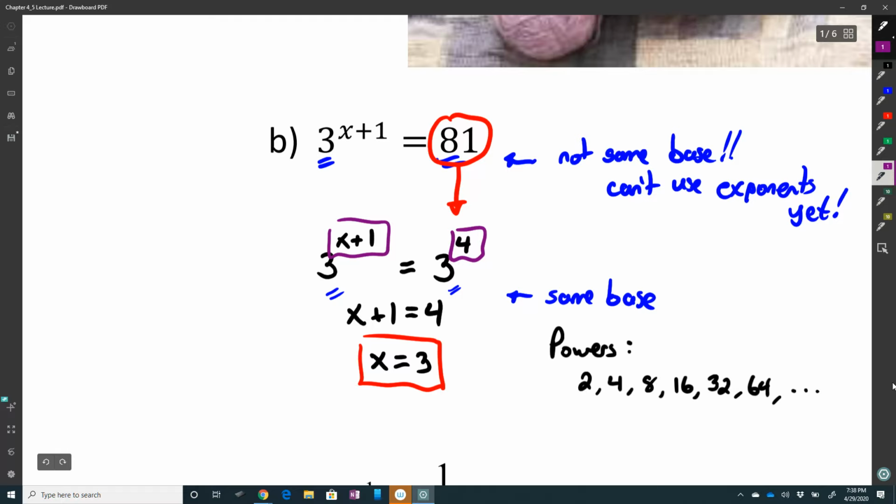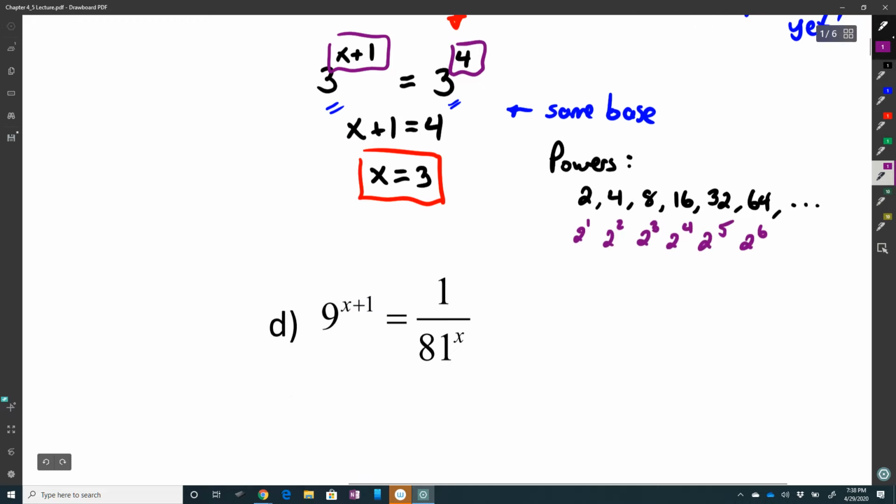And these are just 2 to the 1, 2 squared, 2 cubed, 2 to the 4th, 2 to the 5th, 2 to the 6th. And for powers of 3, we don't expect you to know as much. 3, 9, 27, 81 is pretty much it that I'll throw on an exam. On your homework, they're randomly generated, so some people might not get lucky and get an ugly number. But you can always use your calculator to figure out what power it is.